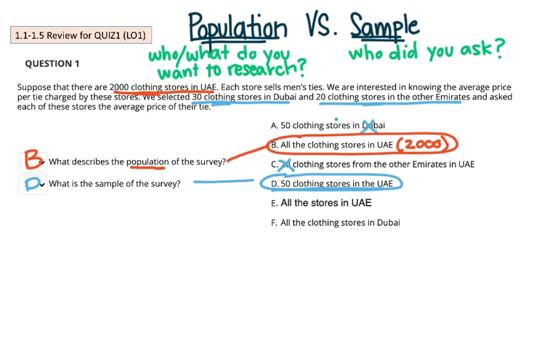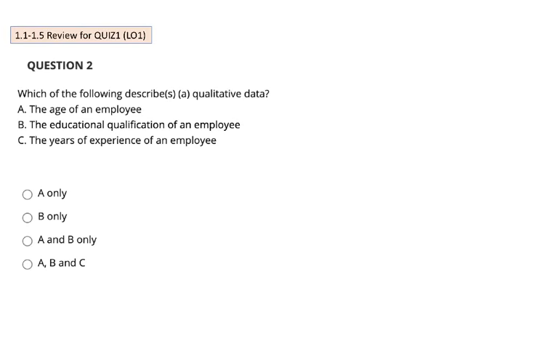So in summary, we wanted to know about all the clothing stores in the UAE, that's the population. So we asked 30 clothing stores in Dubai plus 20 clothing stores in other Emirates, which is 50 clothing stores in the UAE. That's who we asked. That's the sample.